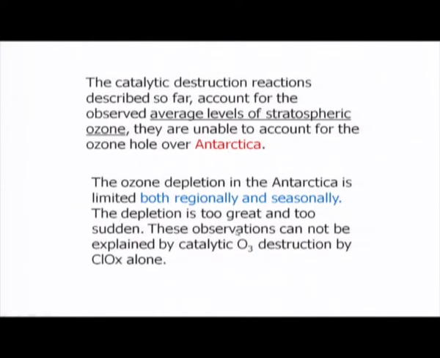The depletion is too great and too sudden, and this observation cannot be explained by catalytic ozone destruction by the chlorine oxide route alone. There is a sudden loss of ozone in the Antarctic region. We will see why.